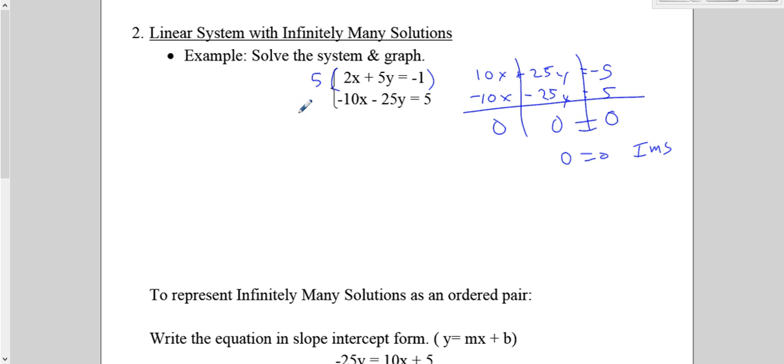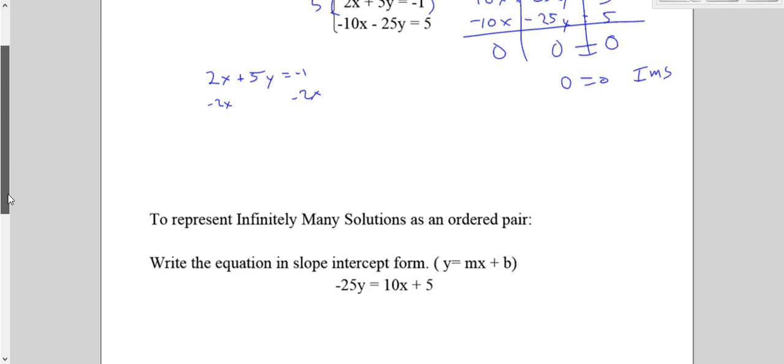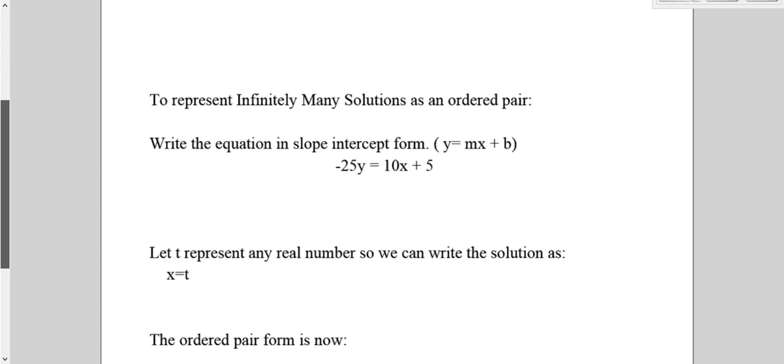And just like I stated before, if I take one of the two equations and solve for y, let's take this first one here, 2x plus 5y equals -1. I'm going to subtract the 2x. Okay, so I'm going to write one of the equations in slope-intercept form.